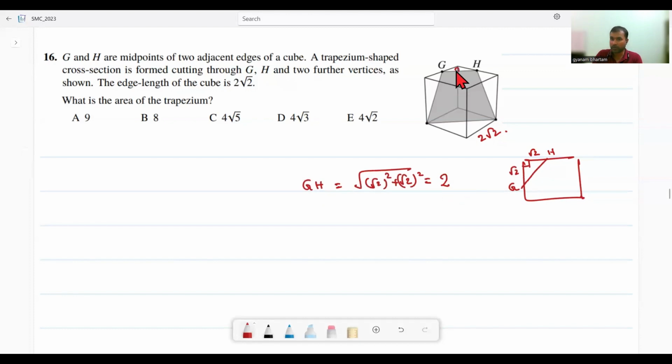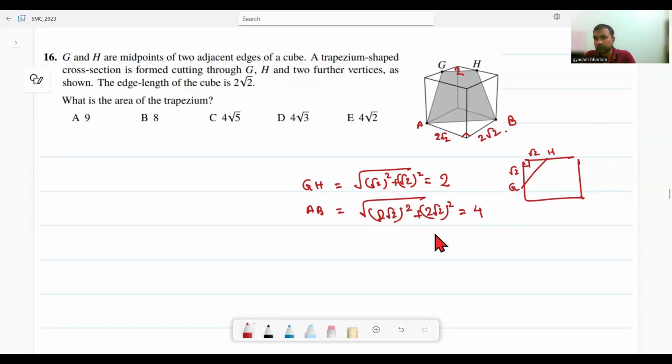Now this is AB. AB uses the same formula with 2 root 2 each, and this is 90 degrees, so apply Pythagoras theorem. 2 root 2 squared plus 2 root 2 squared gives you 4. So we have this length 4.